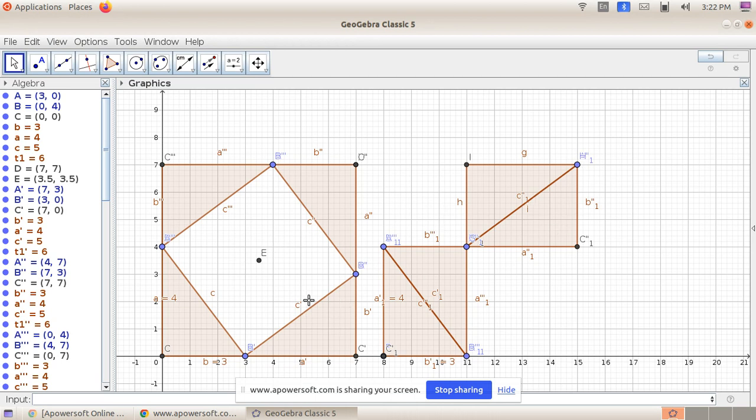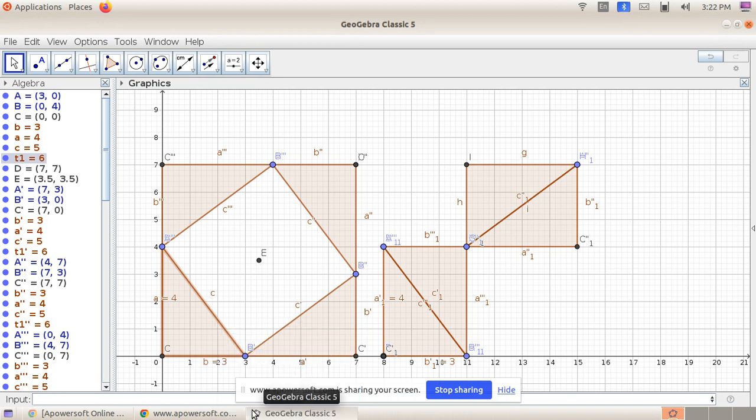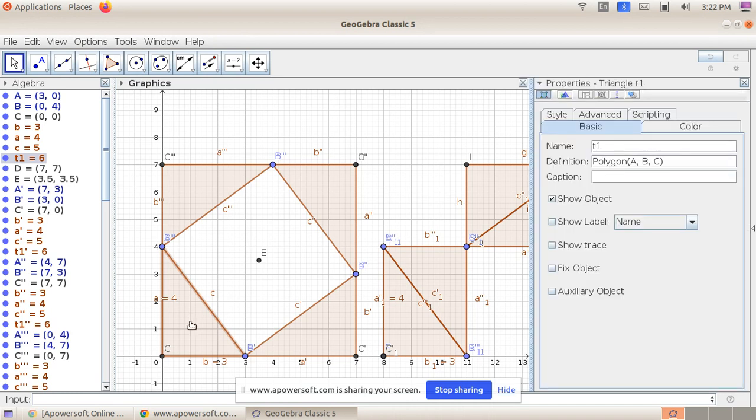Now I'm going to give the colors. Okay, so here I am going to select the object and open object properties. In the object properties, you can see the color.